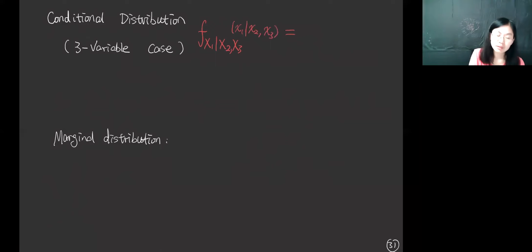And that again follows from the conditional distribution formula. That's a ratio of the joint distribution of the three random variables and the marginal of the conditioning random variables.